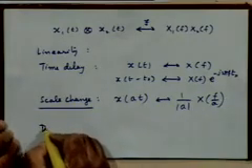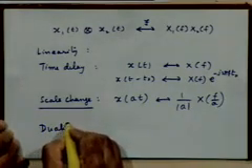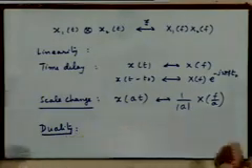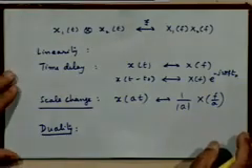Another interesting property is that of duality. I'm doing a very quick review because you have gone through a course in signals and systems, and this is just meant to brush you up on this matter. So duality is interesting.